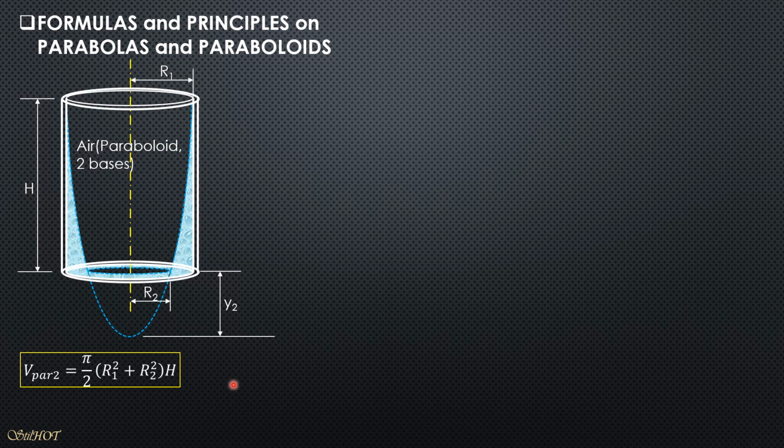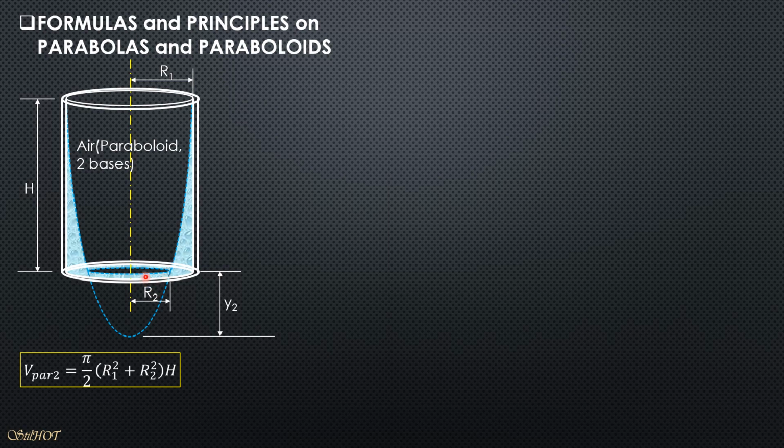Now, another way of computing this volume of air inside the parent right circular cylinder is it is equal to the volume of the big paraboloid with single base, or single radius R1, minus the volume of this small paraboloid which extends outside the parent cylinder.